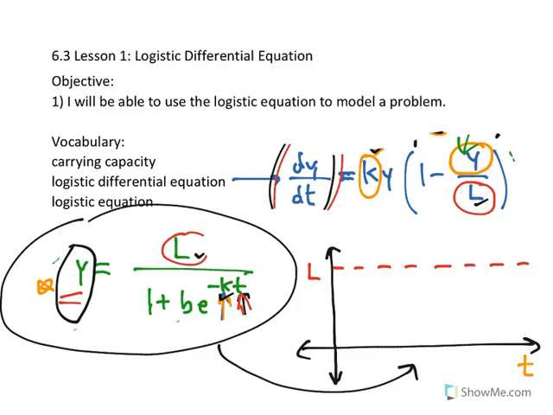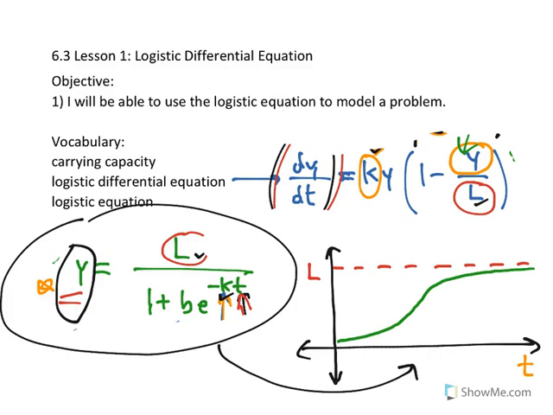Before we do that, let's just quickly sketch what the graph of the logistic equation would look like. You have a horizontal asymptote for the carrying capacity, and as time goes on, the population will approach the carrying capacity, and the logistic curve would look like that.